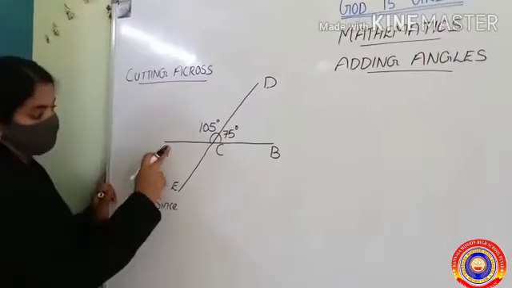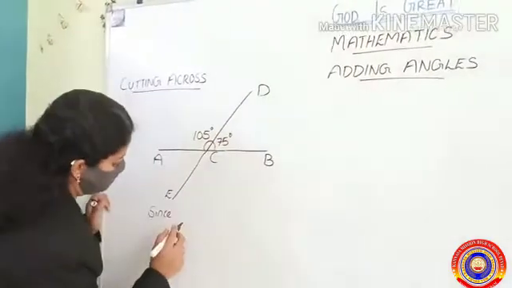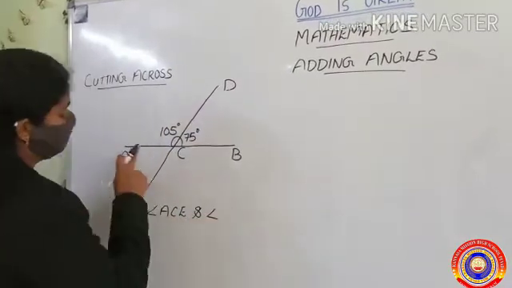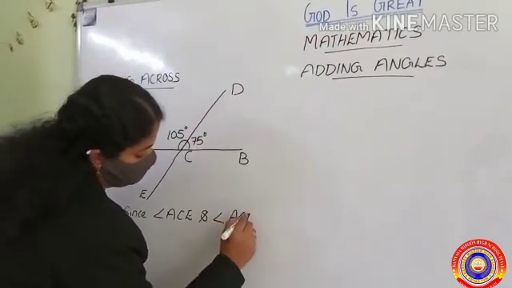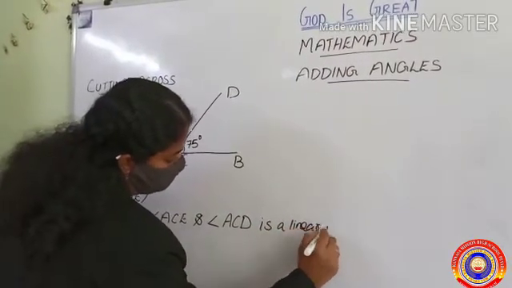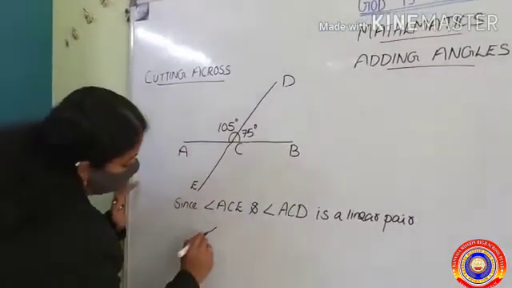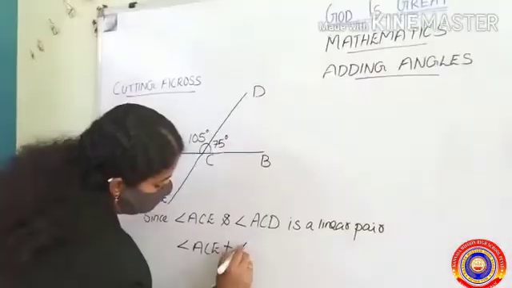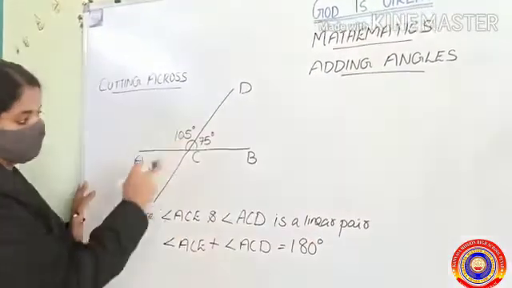Since angle ACD and angle ACE form a linear pair, one angle is given, we want to find the other angle. Angle ACE plus angle ACD is equal to 180 degree.